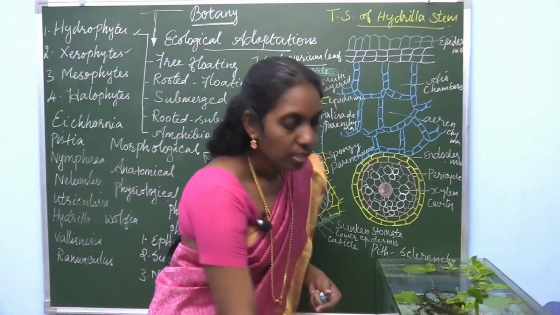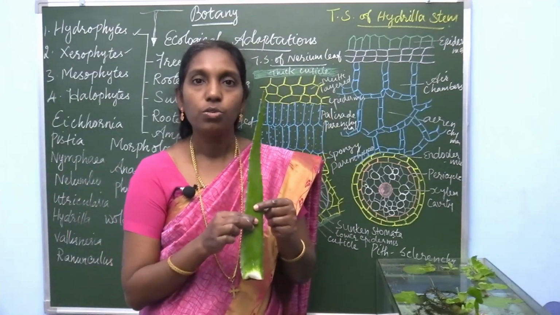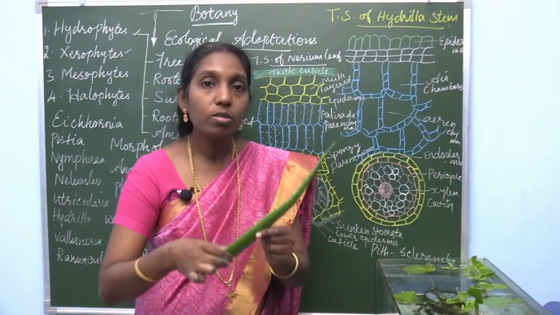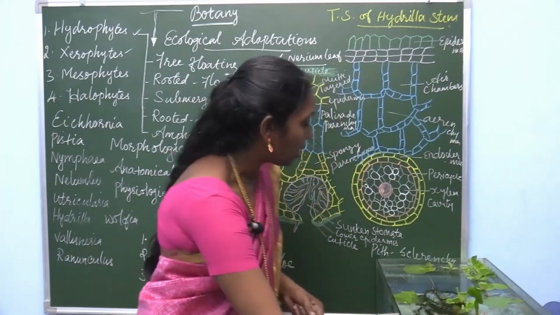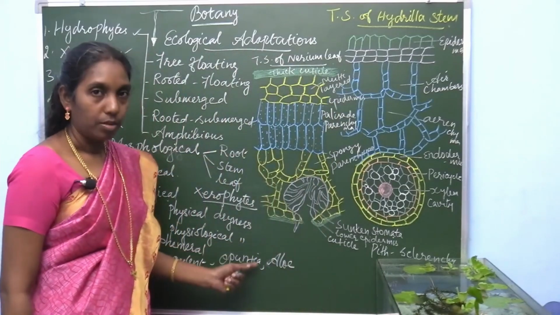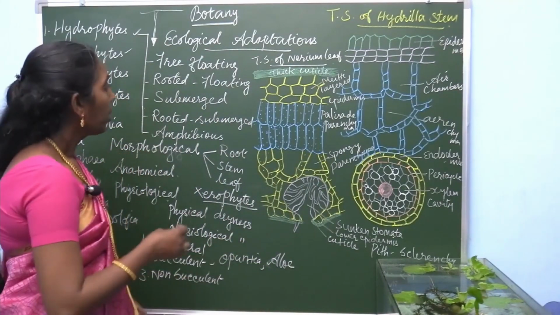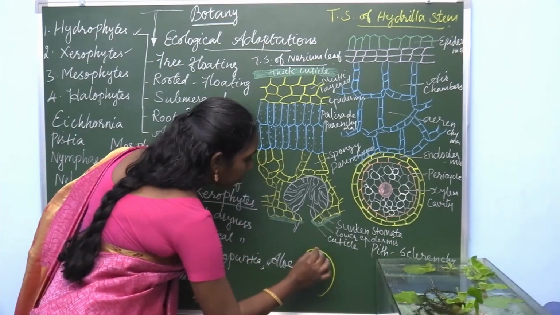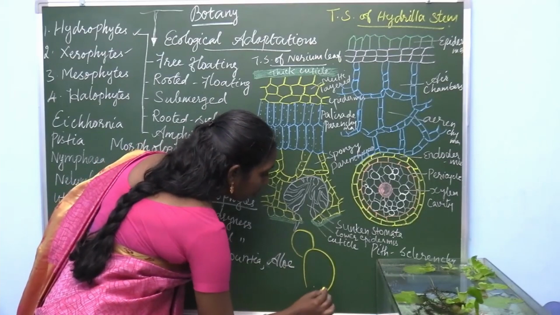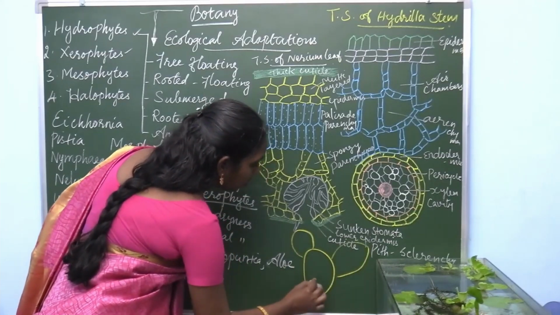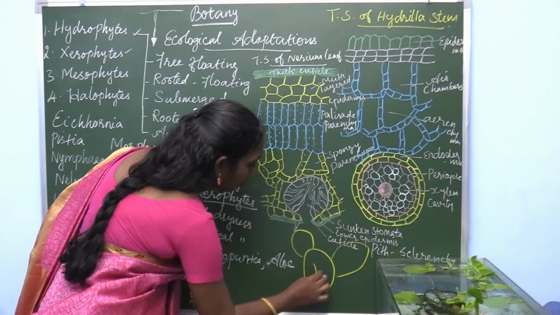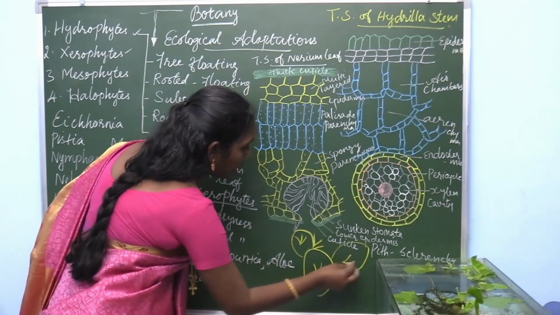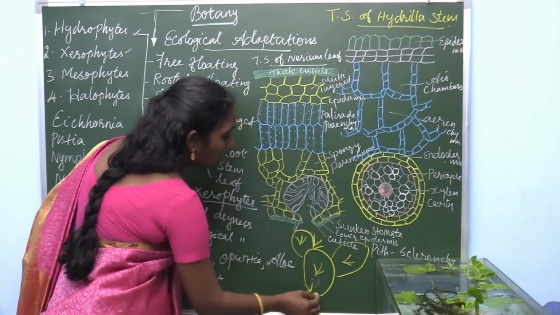Take the xerophytic plant Opuntia: the root system is well developed.